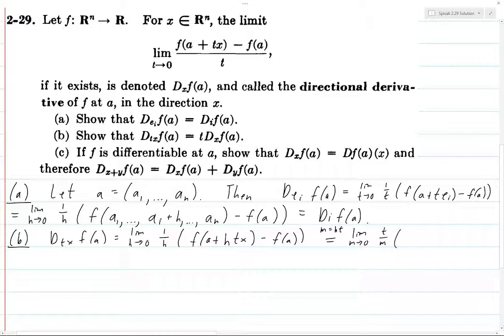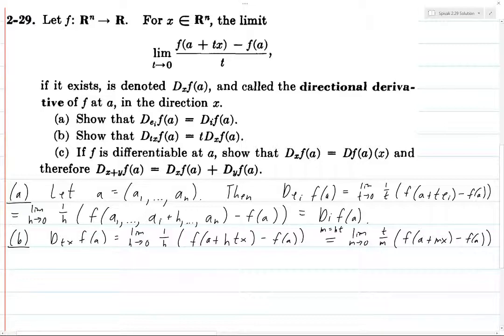And then on the inside here we have f of a plus, and now h times t times x. H times t is m, so this is mx minus f of a.